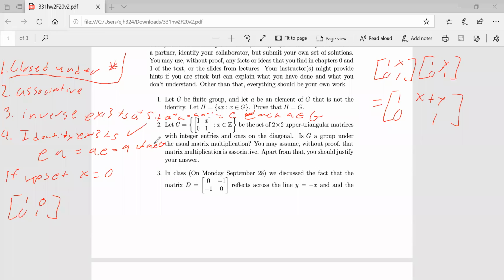So is this associative? Well, he actually said that you can assume it is associative, just because this is a subset of matrix multiplication, which we know is associative. So we don't actually have to bother with that. So check, check, check. And all we have to do is check that an inverse exists. So based off of this, what do we think the inverse is going to be?